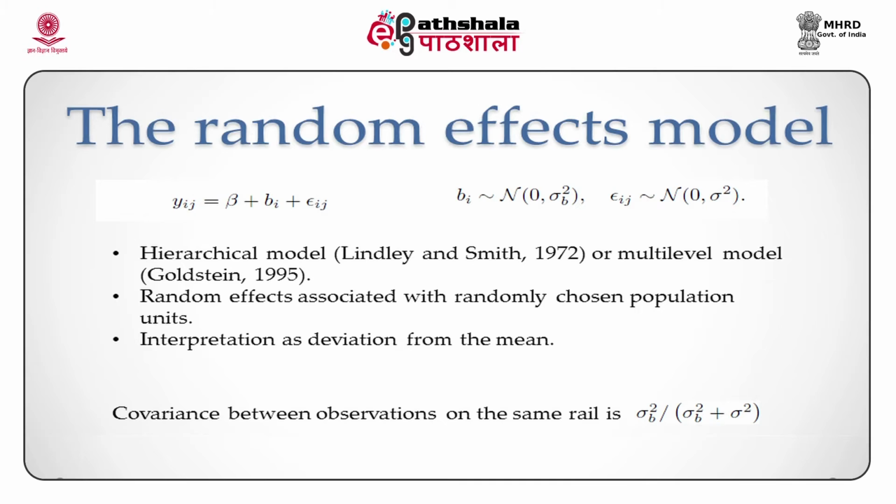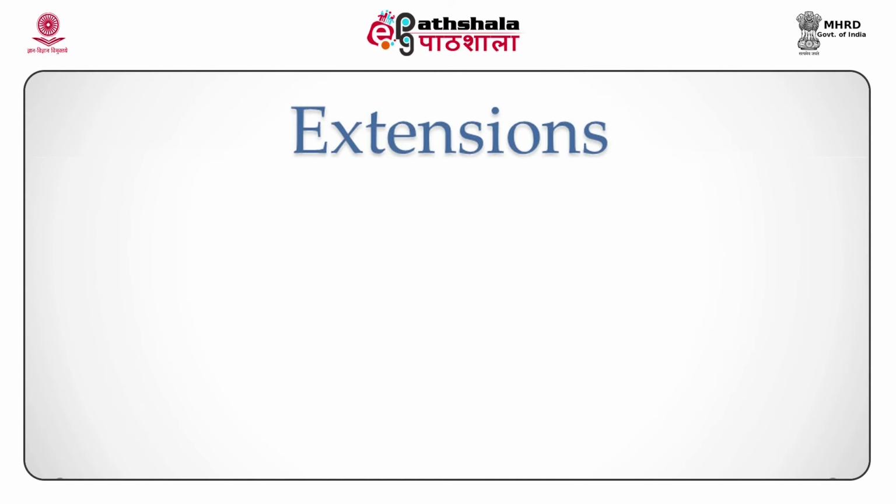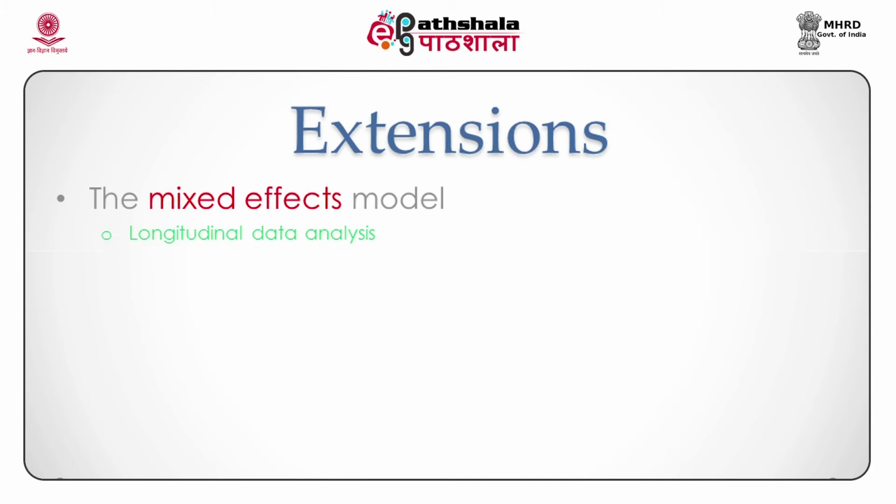Now, there are several extensions of this model and they can accommodate complications of various degrees. So the random or the mixed effects model, where one subset of the parameters are fixed parameters and one subset are random, can be used to handle a large variety of complications. One of these, for example, is longitudinal data analysis. It can be used to handle smoothing.